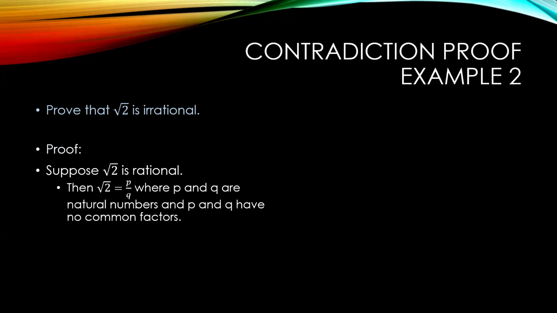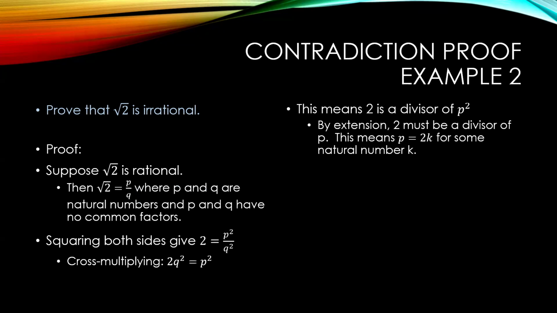We're going to prove this by contradiction, which means we're going to start with the idea that the square root of 2 is actually rational. And so if the square root of 2 is rational, that means it can be written in the form p over q, where p and q are natural numbers and they have no common factors. Well, if we square both sides, that would mean that 2 is equal to p squared over q squared.